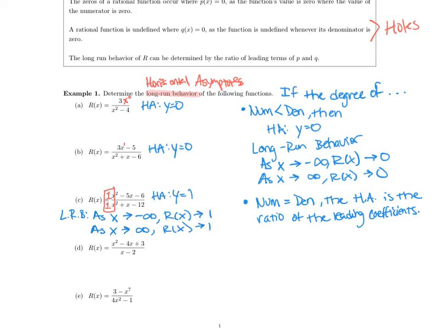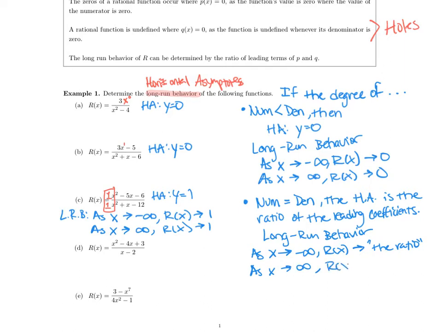In general, you can think of the long run behavior for this type of problem as: as x approaches negative infinity, r of x approaches, quote unquote, the ratio, whatever you found. And as x approaches positive infinity, r of x still approaches the ratio.